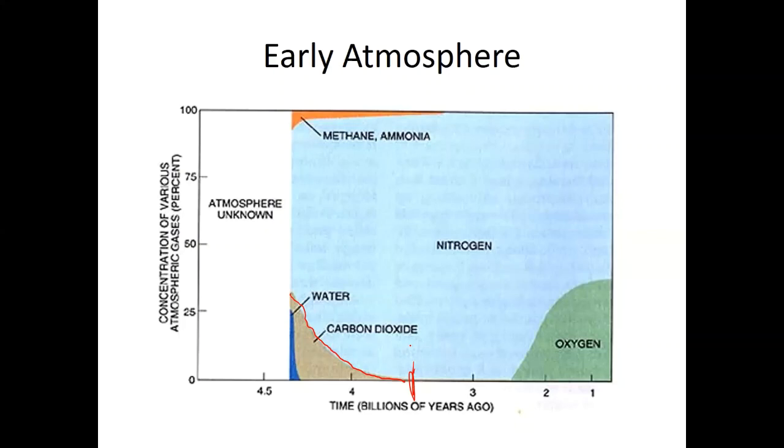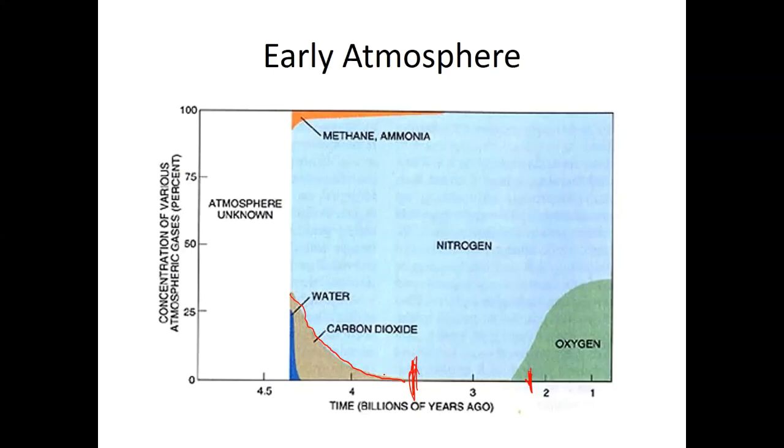And then later on, about 2.1 billion years ago, photosynthetic algae arrive. These organisms begin to produce oxygen through the process of photosynthesis. Before them, if you notice, there's no oxygen on the planet.